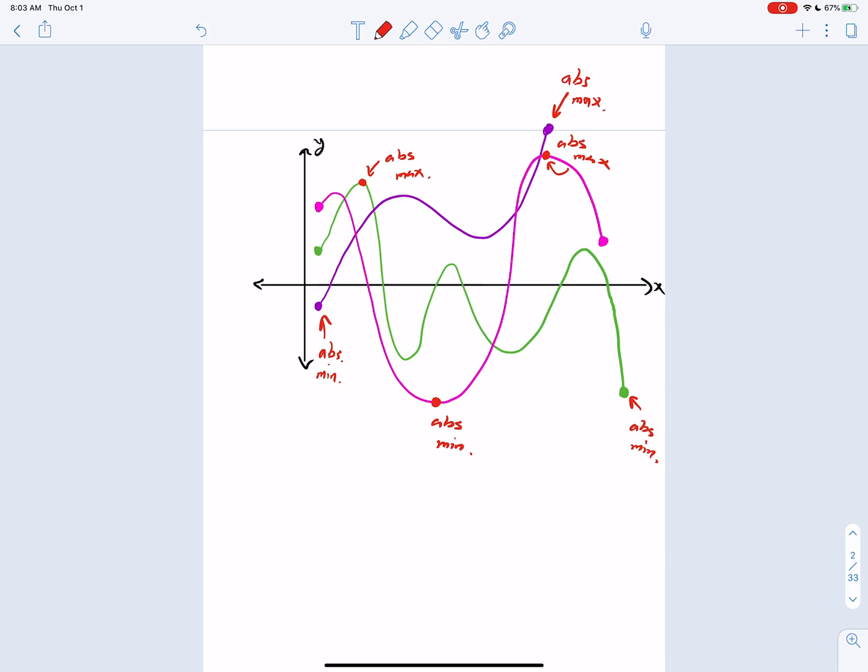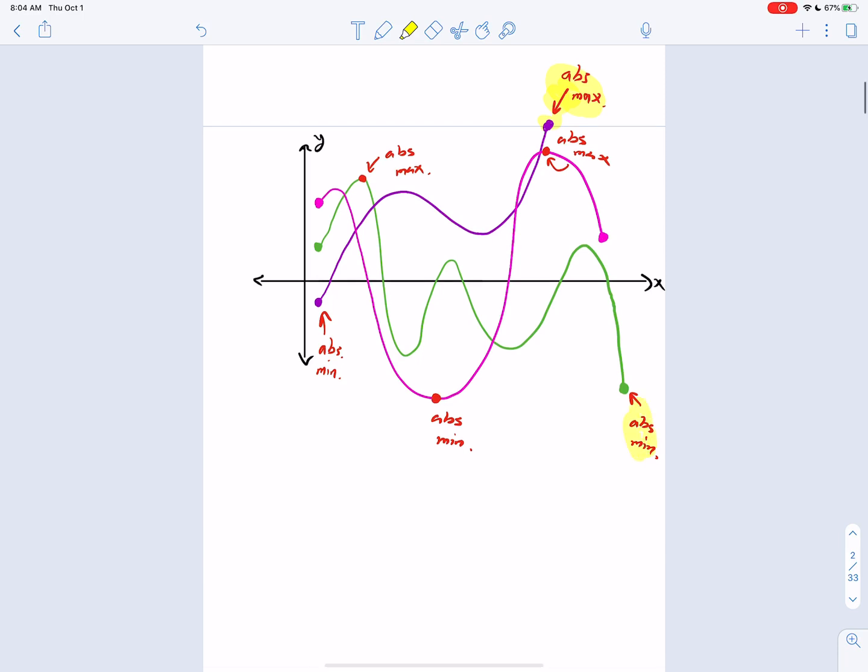In that case, it's true because right here we have an absolute maximum occurring right at that endpoint. Okay. True or false? The absolute minimum can occur at an endpoint. Okay. That would be true as well. We have examples here where they occur at the endpoint.